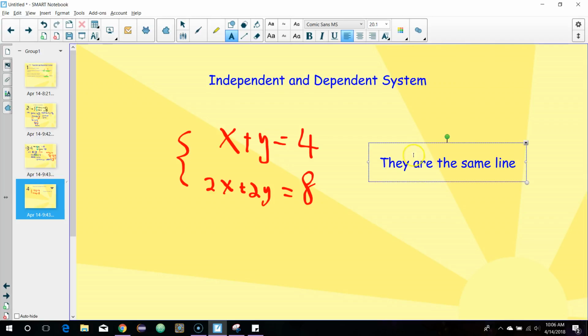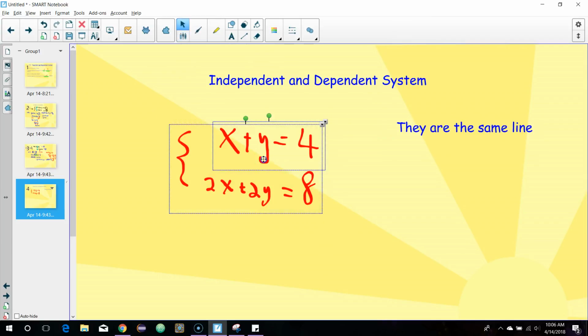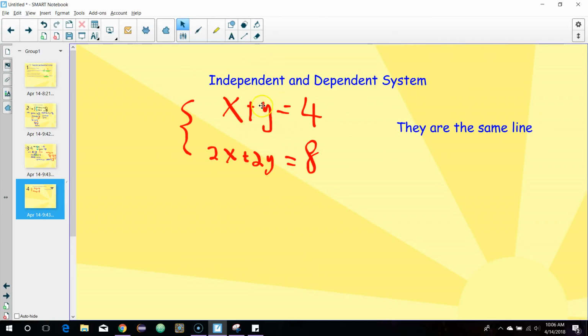Okay, so let's see what we can do. If we are actually solving it, drawing it is easy. If we are actually solving it, what will happen? This is the first equation, this is the second equation. This time, my x and y are not just sitting there, so I have to do something. So for example, I'm going to keep the x.